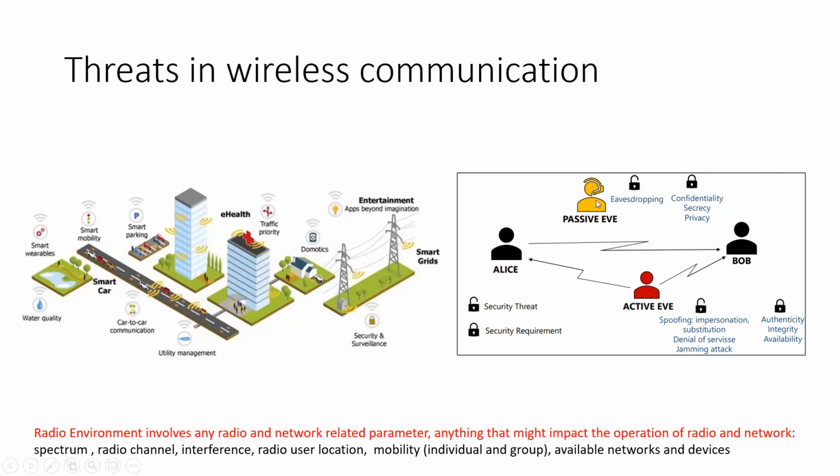Then the passive attacker will not interrupt the basic communication, just listen. On the other hand, an active eavesdropper can jam your communication, can launch impersonation or spoofing attack, and possible solutions to these attacks include authenticity, integrity, and availability related stuff.